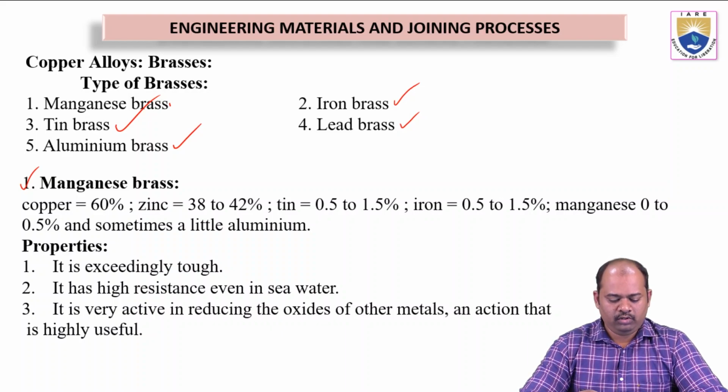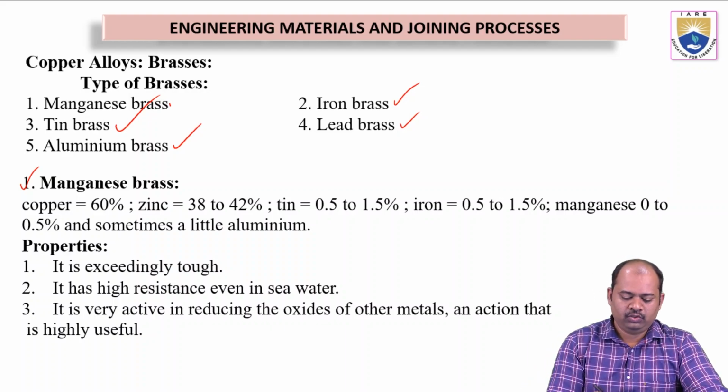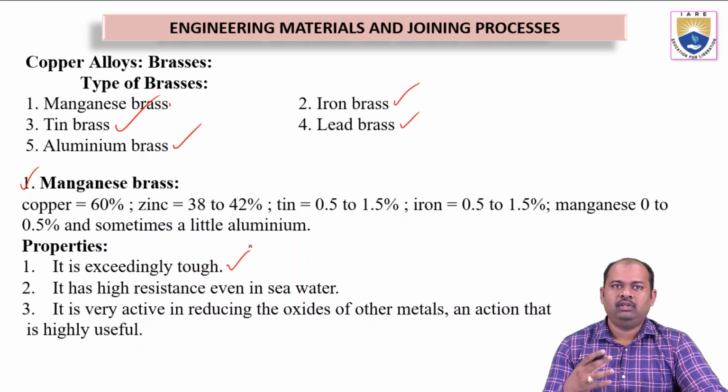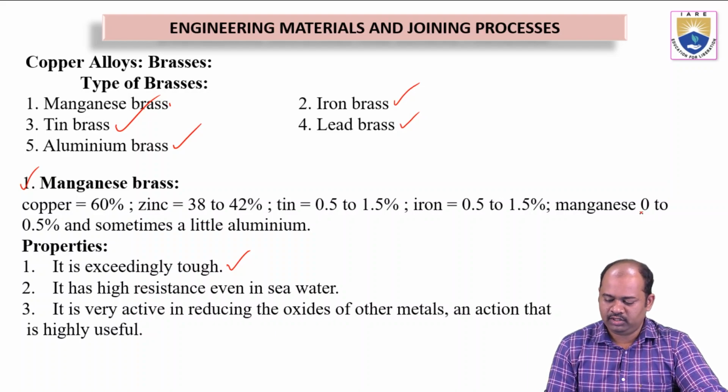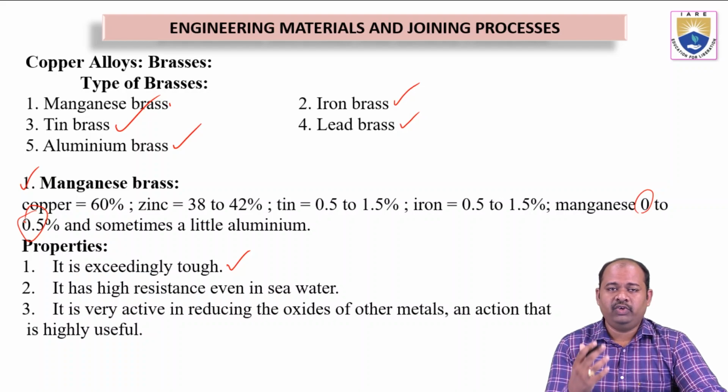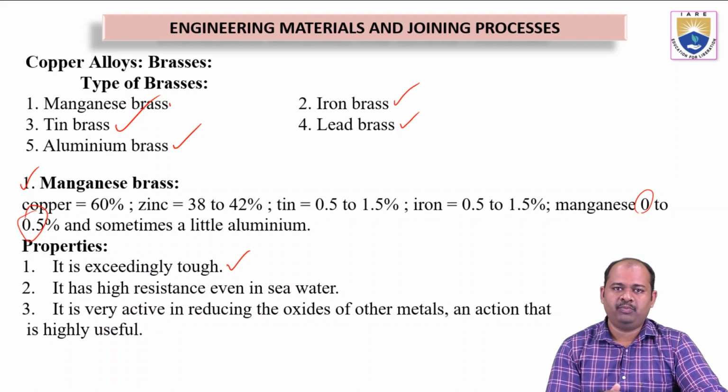Let us see the properties of this. It is exceedingly tough when compared to regular copper. The manganese brass is very tough because we have added manganese to it. We have a very little percentage of manganese here, 0 to 0.5%, yet it is much tougher than the regular copper material.